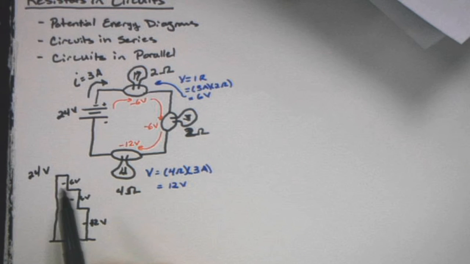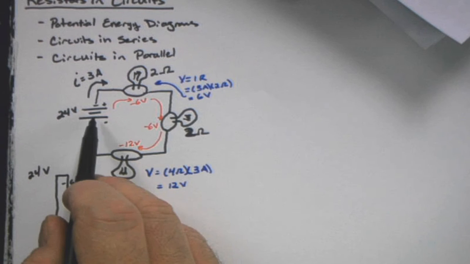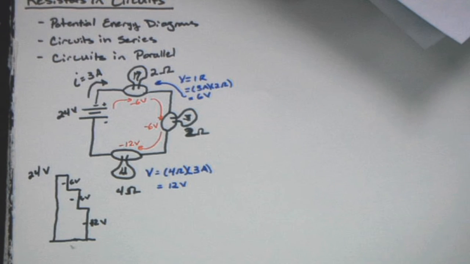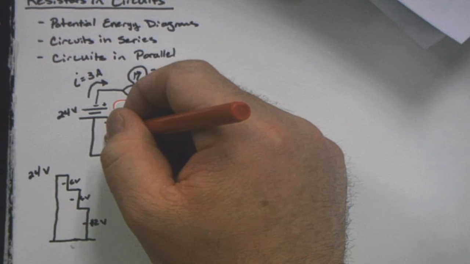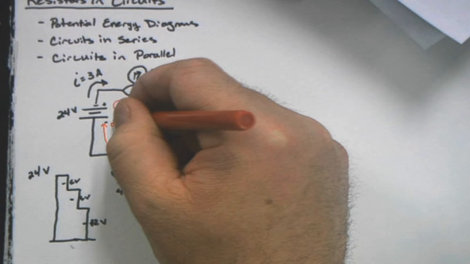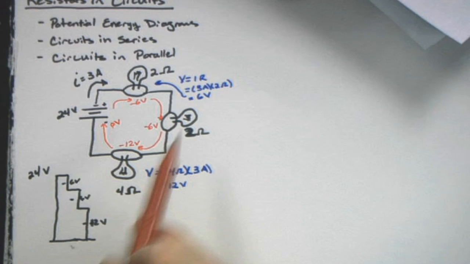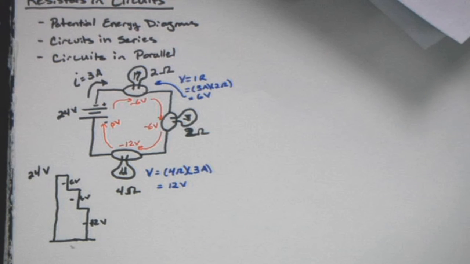And so this is what happens as we go around any particular circuit. We lose all of our potential by the time we return to our battery. We have 0 volts by the time we return to our battery. Okay, and this is an important relationship here.